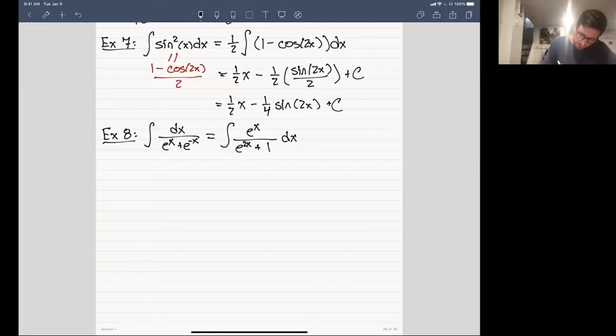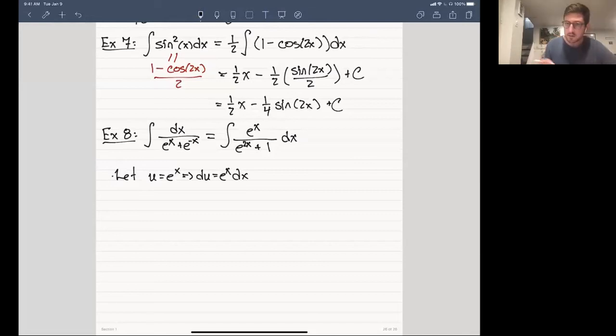So let me propose something. Let's say let u equal e to the x. And so clearly du is equal to e to the x dx. Okay, so did that help me at all? Well, I do have an e to the x dx at the top of this fraction.